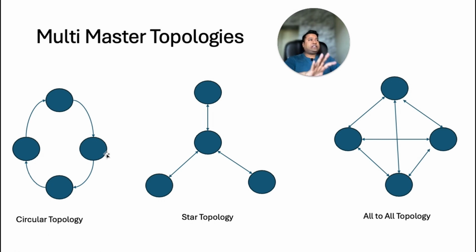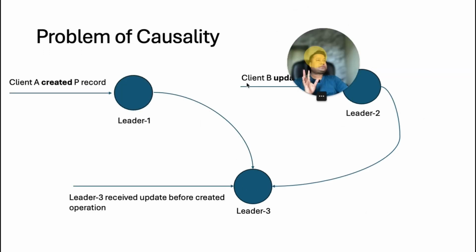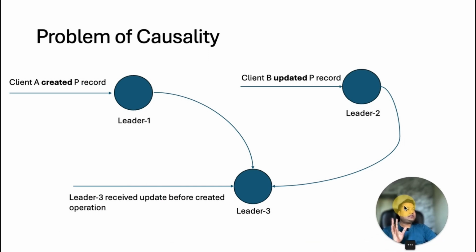Even if you see here, I'll tell you the problem again. You will end up in a situation known as the problem of causality, right? Let's say you have 3 leaders distributed across 3 different data centers, and your client A creates a P record at leader 1.